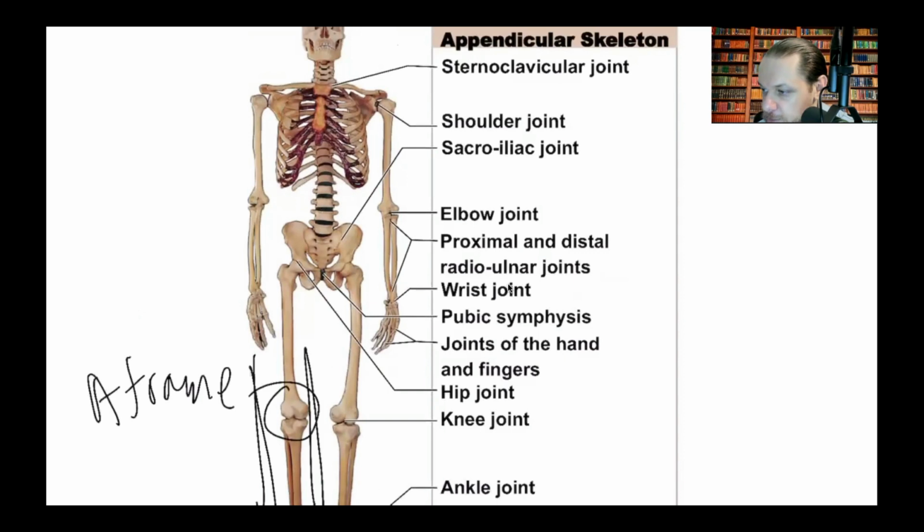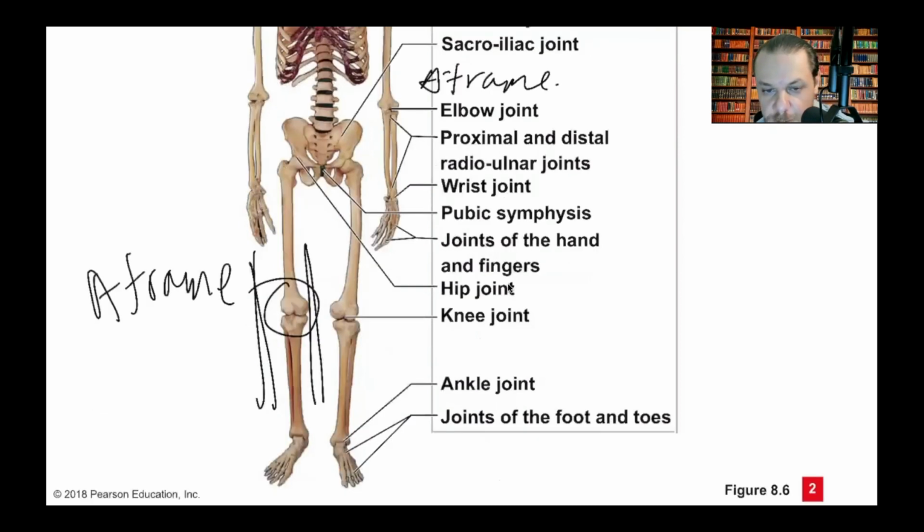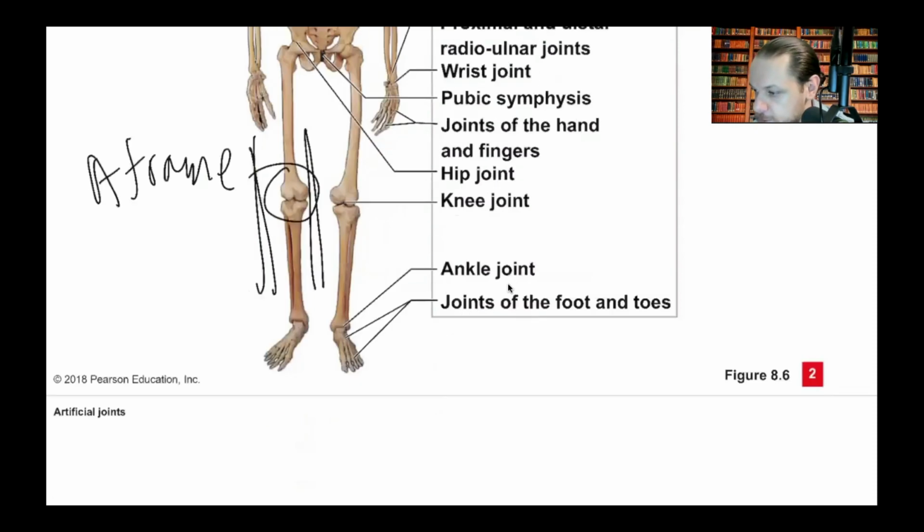Same thing for the elbow; you could use an A-frame. You want to be very cognizant to check distal pulses and make sure the injury did not stop the flow of blood distally. You want to check that the pulse is still present. But yes, you said correctly, A-frames are the splint of choice here.